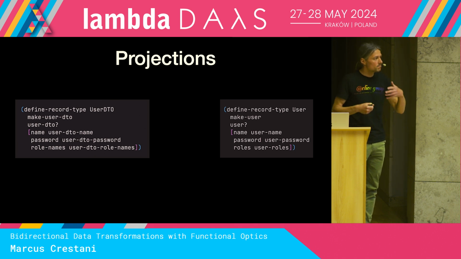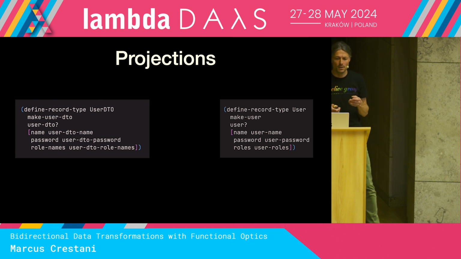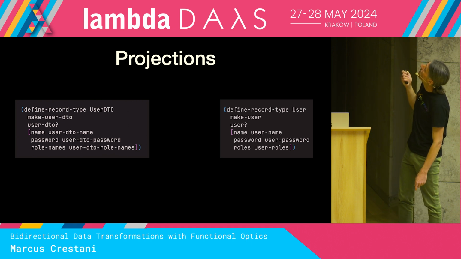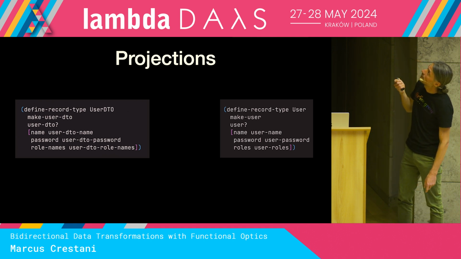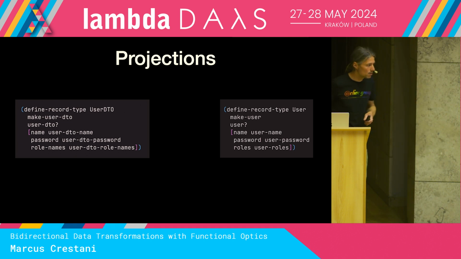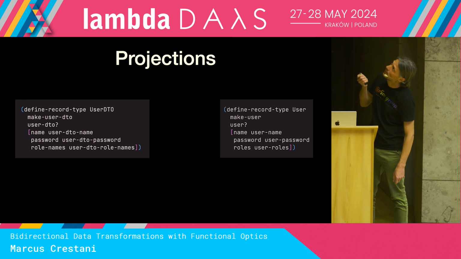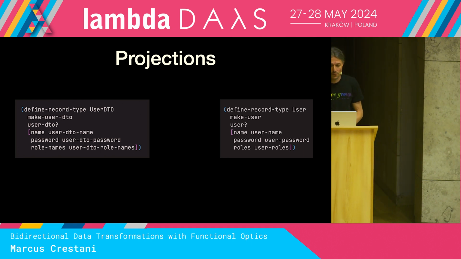Because this fits exactly our problem. We have two structures. Here on the right is the user domain object, and here on the left, this is the user DTO object. It's a new record definition. As before, it defines the user DTO record with a constructor and the fields, and with a predicate.